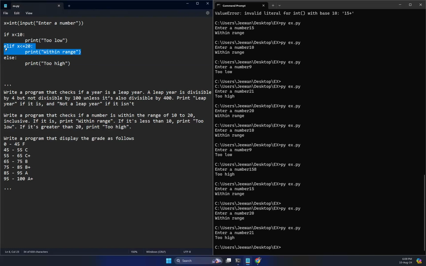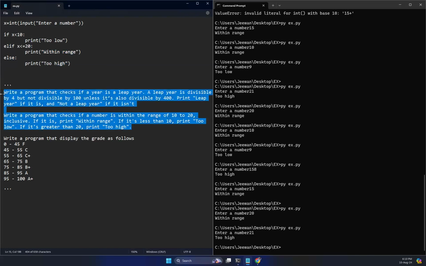Greater than 20, because if the first condition is false it means above or equal to 10. Even here, if it is false, the number is above 20, because here it checks the equals as well. Therefore, if it is above 20, I have to say too high.